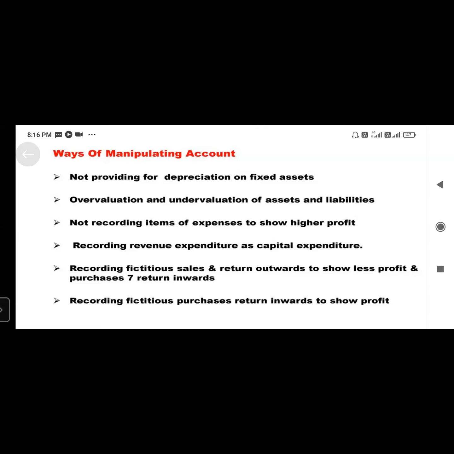Next one, recording fictitious sales and return outwards to show less profit, and purchases and return inwards.